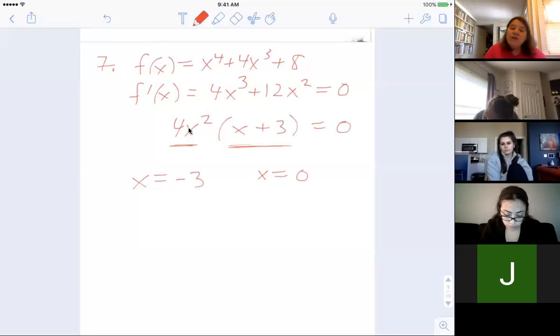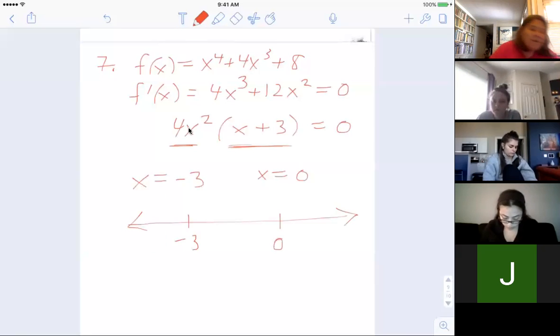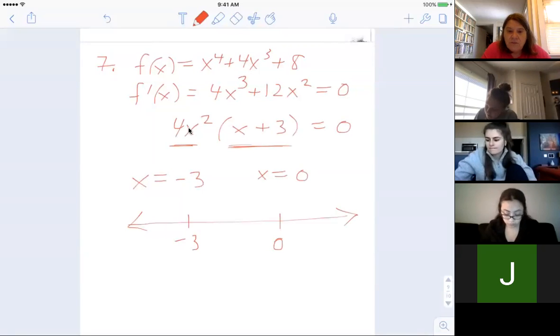Now, I am going to go a little further with this problem because I think it'll help us with the rest of the homework. The other thing we learned how to do was find where the function is increasing and decreasing. So once we do that, we put these critical numbers on this line. Let me show you what happens here. Make sure they're on there in the right order. -3 is to the left of 0.